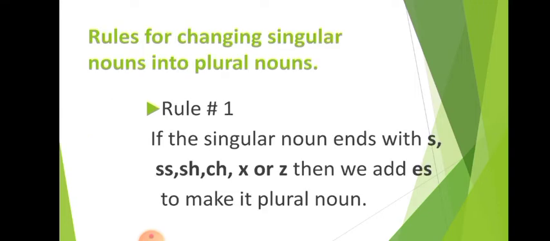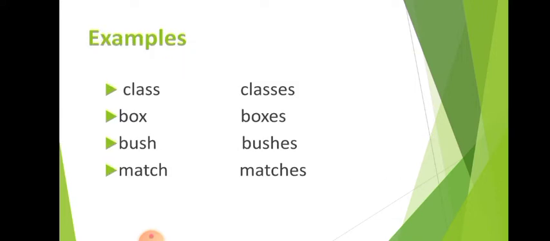Rule number 1. If the singular noun ends with s, double s, sh, ch, x or z, then we add es to make it a plural noun. For example, class, classes, box, boxes, bush, bushes, match, matches.